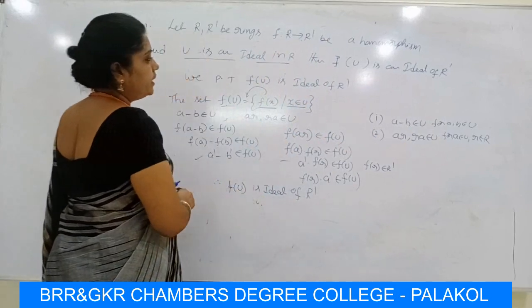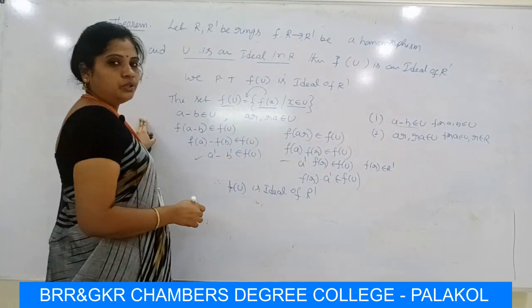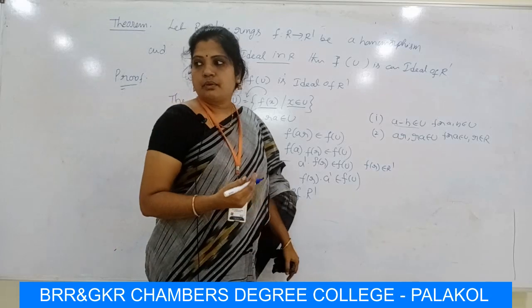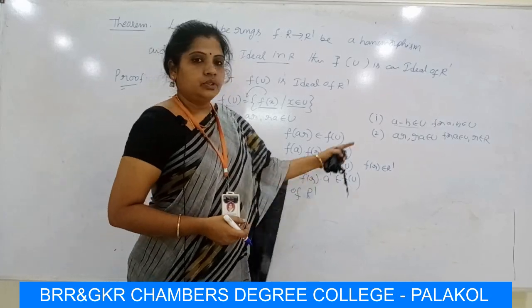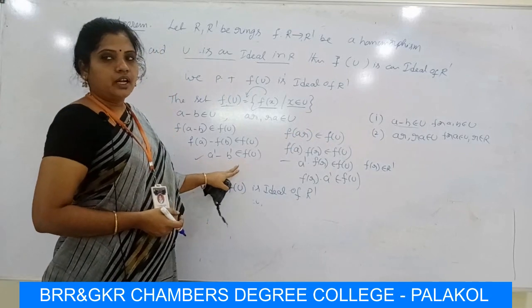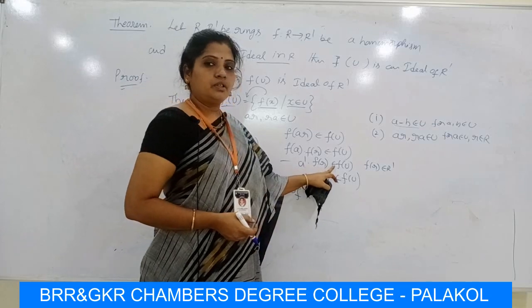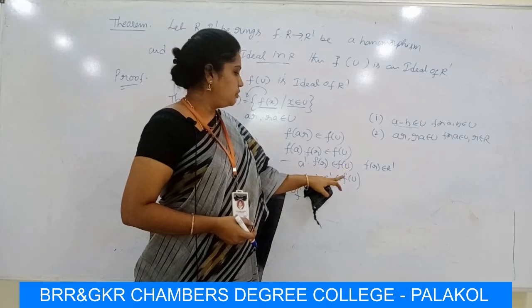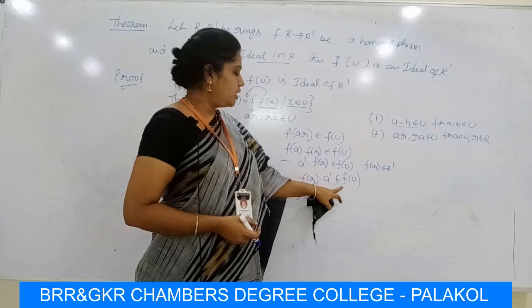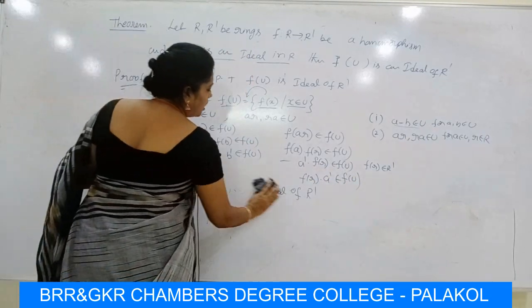So by the ideal definition, for any two elements, a minus b belongs to U and their products ar or ra belong to U. Here we already proved that a dash minus b dash belongs to f of U, and a dash into f of r belongs to f of U, and f of r into a dash belongs to f of U. Therefore f of U is an ideal of R dash.